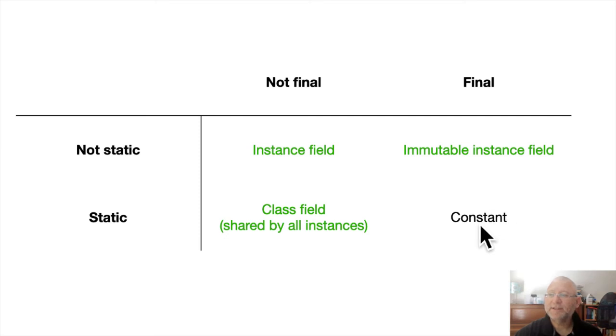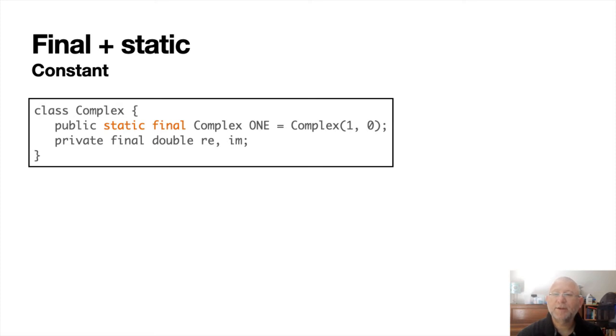Lastly, let's look at a constant field. One that is final, it won't ever change because it's a constant value, and it's also static. It's shared by all the instances of the class. So here I have class Complex again. It still has the instance fields RE and IM that are final, but it also has this field.